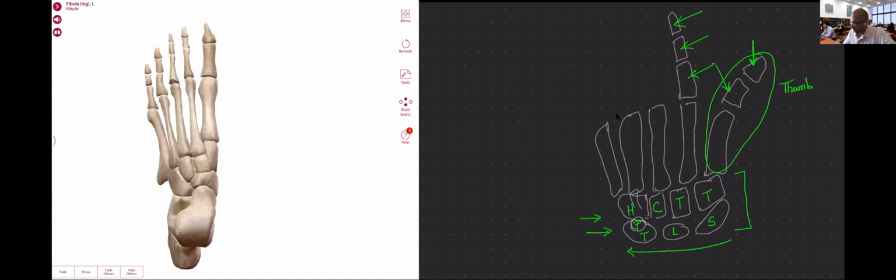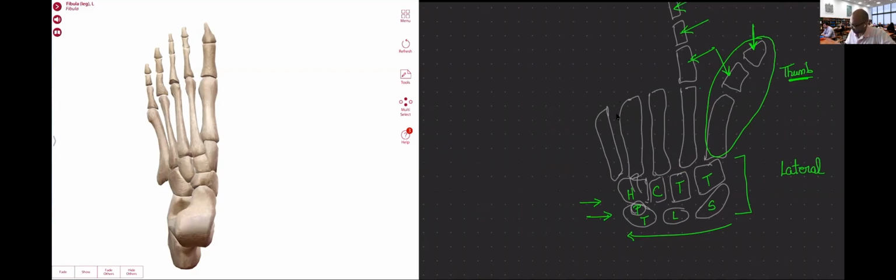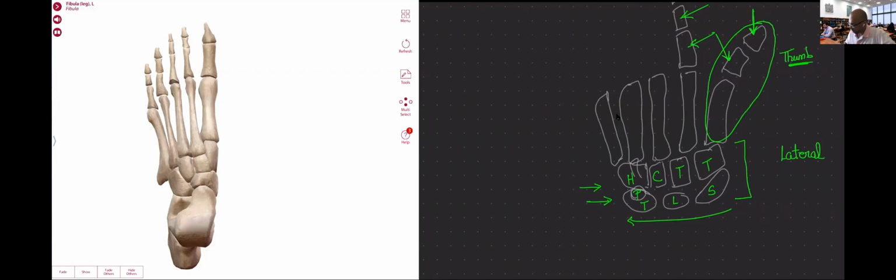So the thumb here is what told me that this side is my lateral side. So I started with the lateral side, the proximal row first, and then my distal row.